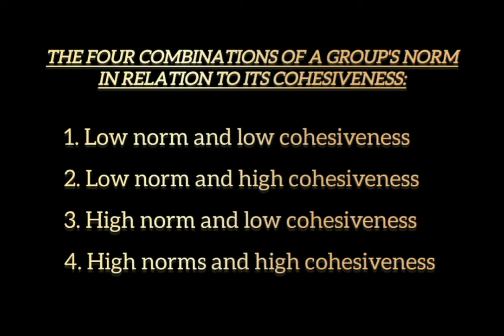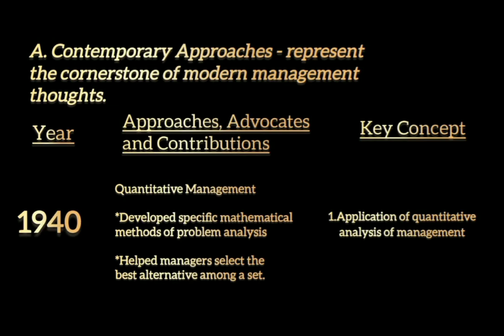Each employee must maintain a high standard of work but does not cooperate as part of a team. For high norms and high cohesiveness, this group has the greatest positive impact, is held to a high standard, and works together to achieve its goal.